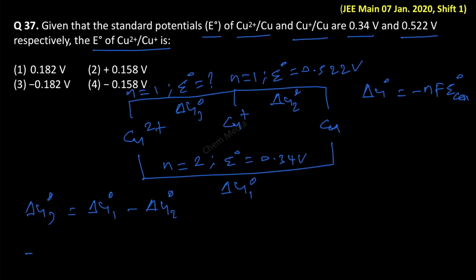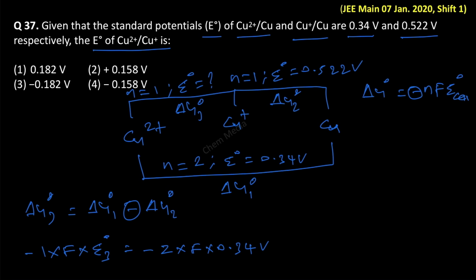So therefore, minus 1 times F times E3 standard is equal to minus 2 times F times 0.34 volt, and then we have minus here, we also have another minus here.